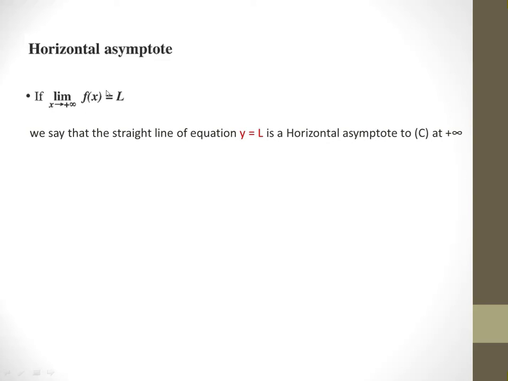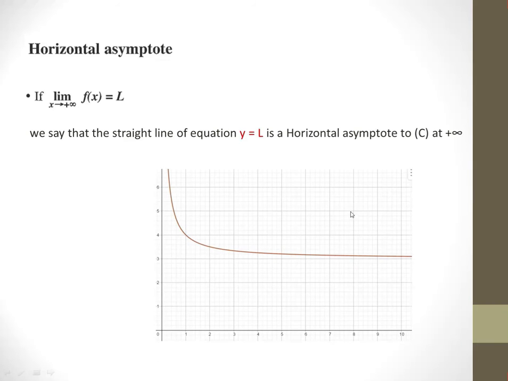Horizontal asymptote. When do we say horizontal asymptote? When the limit of f of x as x tends to plus or minus infinity equals a number L, then we say y equals L is a horizontal asymptote at plus infinity. As in this case, the limit of f of x as x tends to plus infinity equals 3.